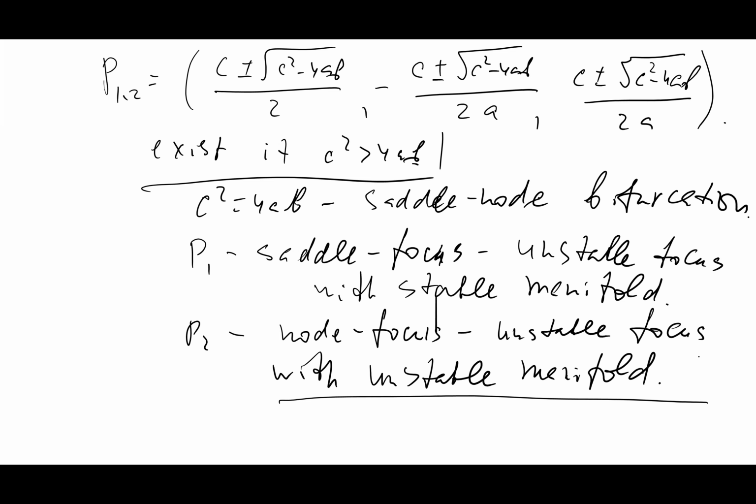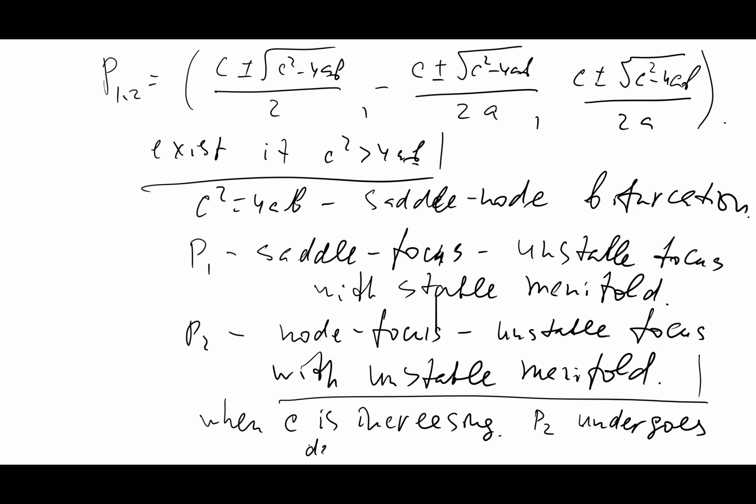What happens next when c is increasing? These points diverge from each other, they go away from each other, and at some point P2 undergoes an eventually degenerate Hopf bifurcation.